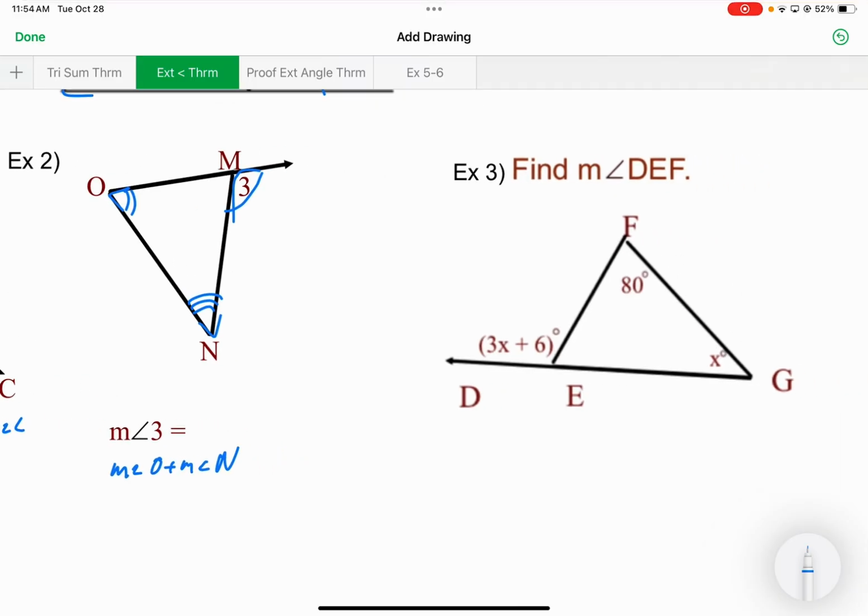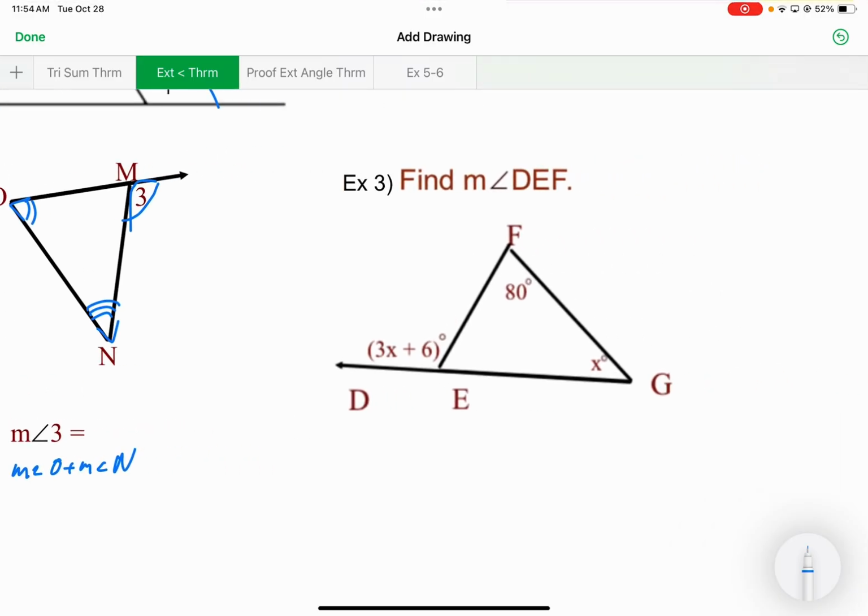Let's do the last one. I want to find angle DEF, which is my exterior angle, but this one has an expression, 3x plus 6. So I've got to be a little more cognizant of what I'm doing here. 80 plus x equals 3x plus 6. Subtract x from both sides: 80 equals 2x plus 6.